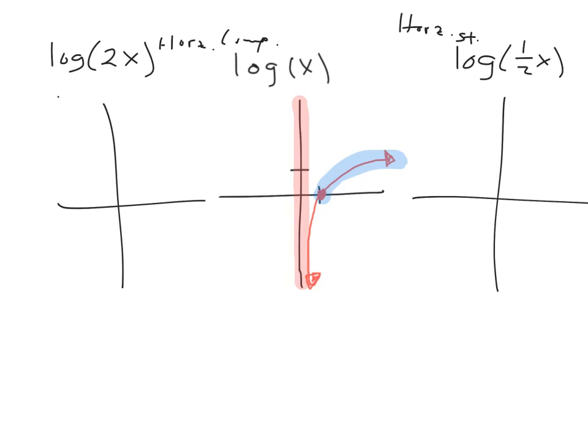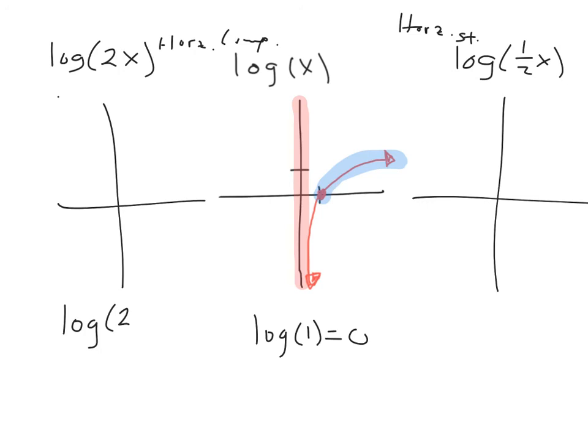math here for you to show you why the parent function is the way it is. If you were to do the log of 1, you get 0. Okay, that's just how that works. Now, if you were to do the log of, let's say 2x, what number would x have to be for it to be a 1 again?